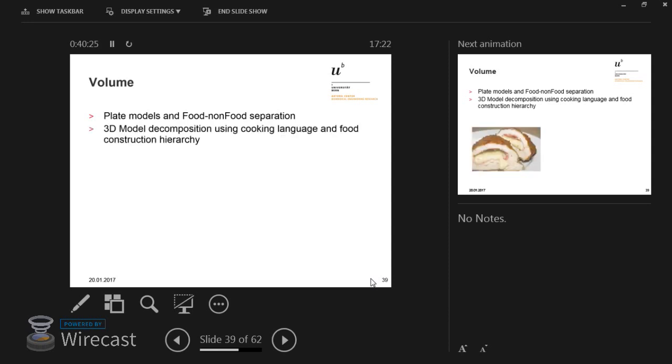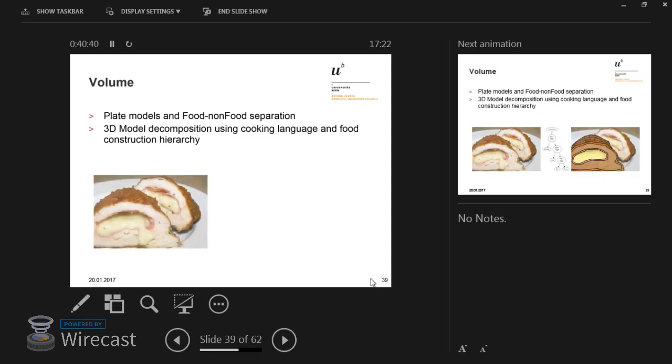Then the last one, this is, let's say, my favorite child. This is using semantics as a way to decompose a 3D model. This is essentially the principle of taking this very tasty looking cordon bleu, knowing how it is made, which is cheese surrounded by ham, surrounded by chicken, surrounded by bread.